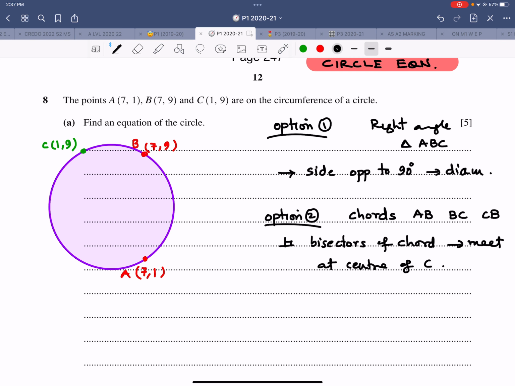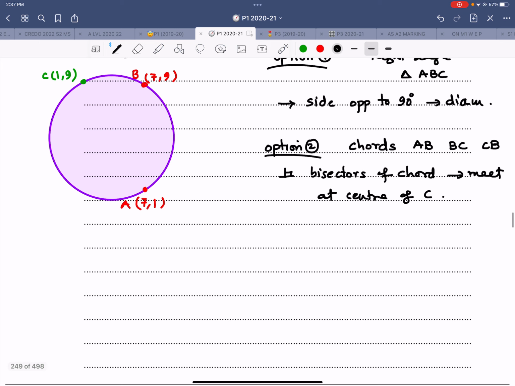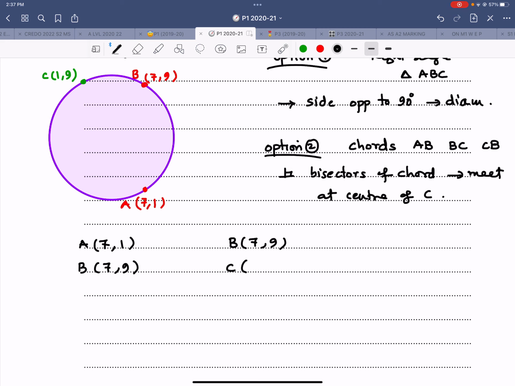Let me start with the right angle triangle. I have A, which is (7, 1), and B, which is (7, 9). Similarly I have B, which is (7, 9), and C, which is (1, 9), and then I have A, which is (7, 1), and C, which is (1, 9).